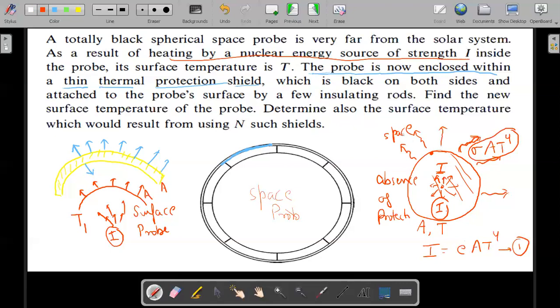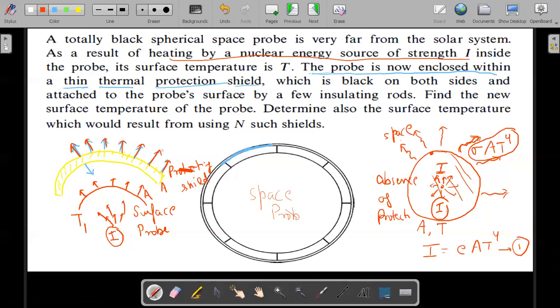That same energy was going into the outer space. Still the same process will take place. Still the same energy will go into the outer space. But this time the energy will go into the outer space from the outer surface of the protecting cover, the protecting shield.